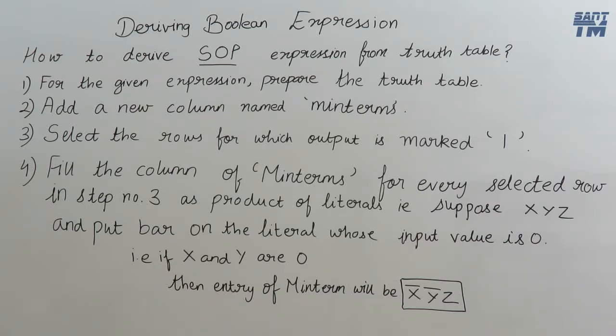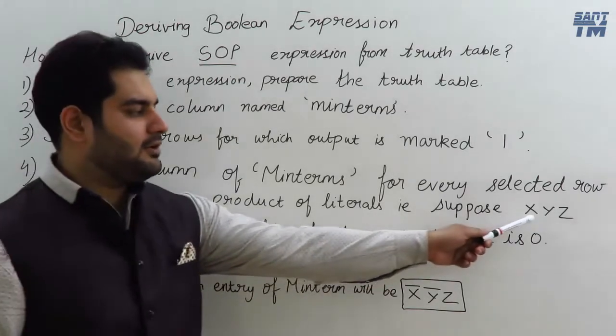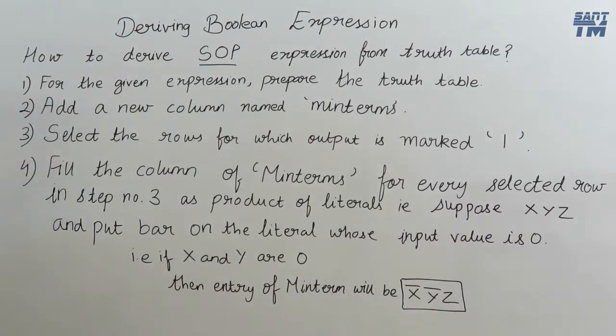The fourth point says that only the selected rows have to be filled for the column Minterms. The Minterms column will be filled only for those rows that are selected in step 3.